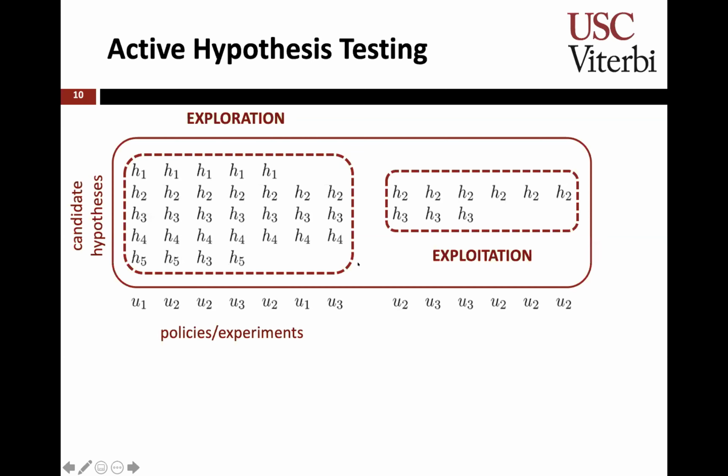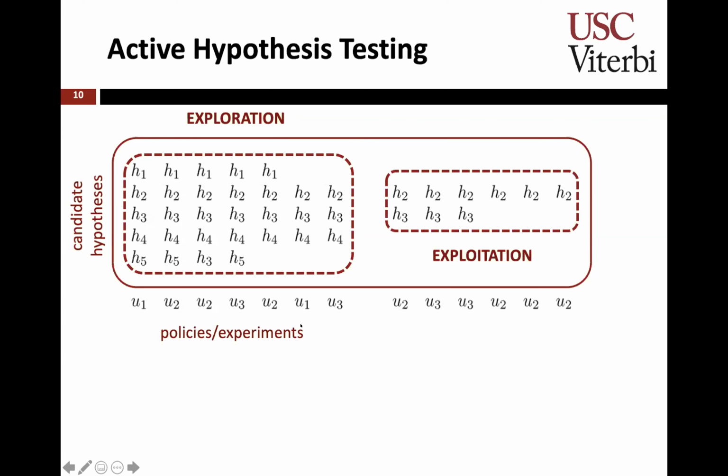As we become more confident, we're going to focus on the experiments in this picture, U3 and U2, which are going to give us more information or be more informative about here, the two choices that we have narrowed ourselves down to. So this dichotomy of processes is something that we call exploration and exploitation, and how we design strategies in these two different cases are going to differ.